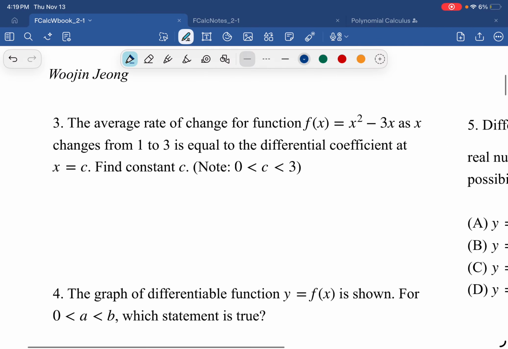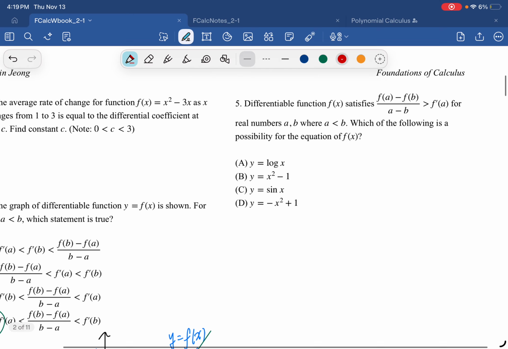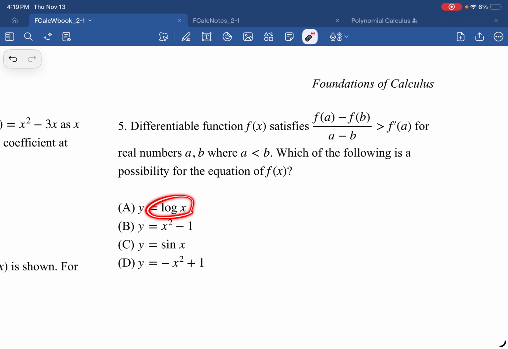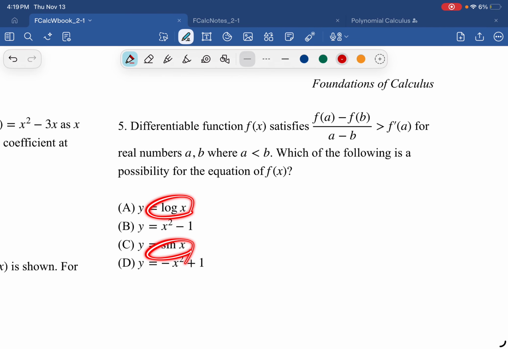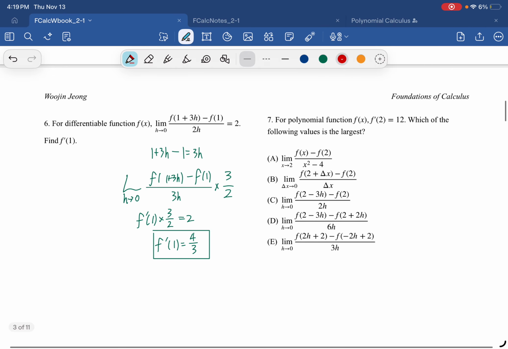The average rate of change, okay, so I encourage you to solve this. For homework number 5, if you've learned what log of x and sine of x look like, you can attempt it. If you haven't, it's okay. You can skip over it. Okay, so we've done that.